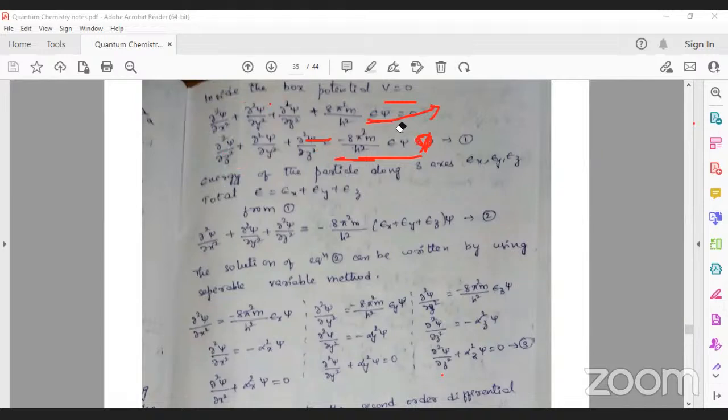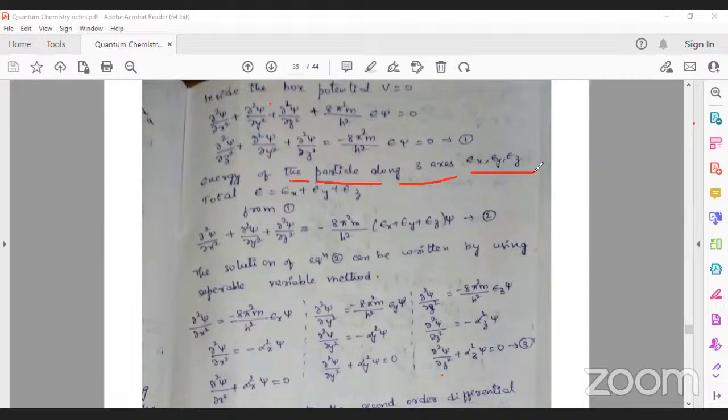Now, the energy of the particle along the three axes will be Ex, Ey, Ez. Here we are using a method called the separable variable method.